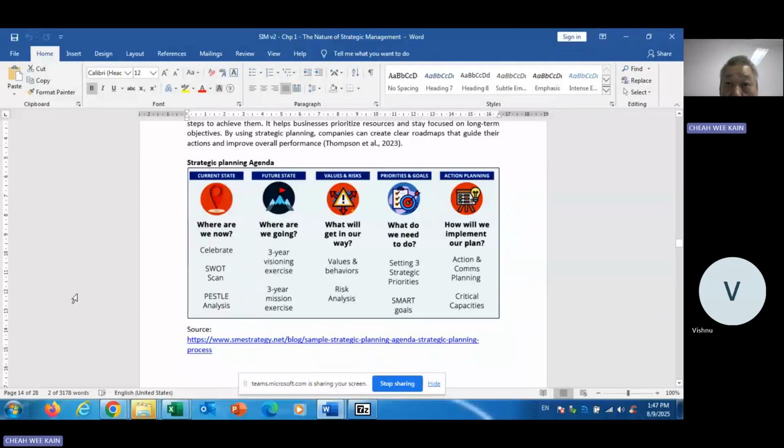This portion here is all the first portion, strategy formulation. And hopefully, by doing all this, your strategies are reasonable and achievable. No point to set a strategy if it's not achievable or not reasonable.